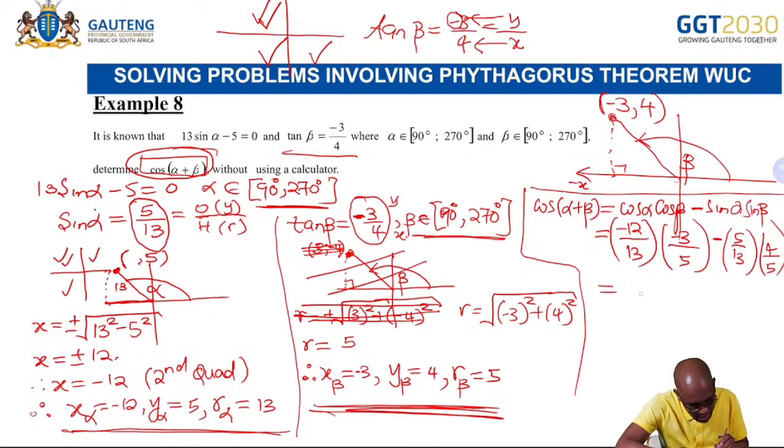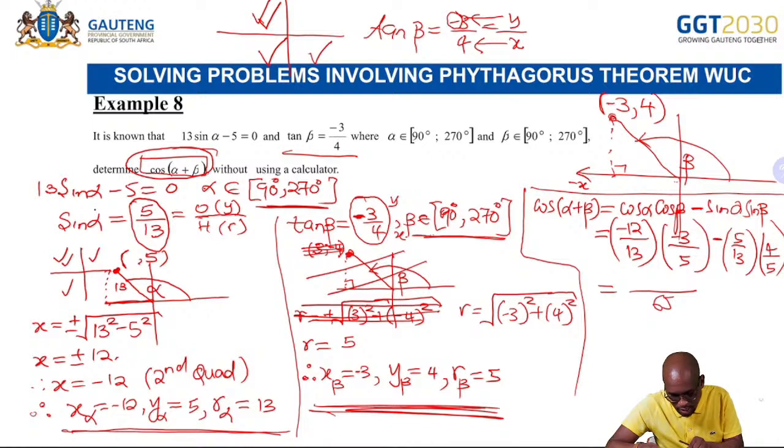So we simplify this. 13 times 5 in the denominator, that's 65. The numerator: -12 times -3 you get 36, minus, the denominator is still 65, and this is 20.